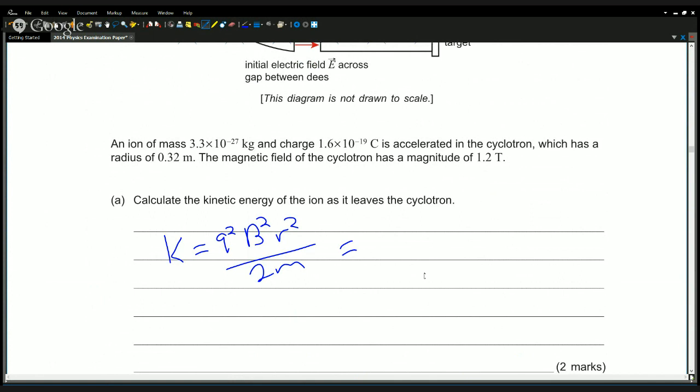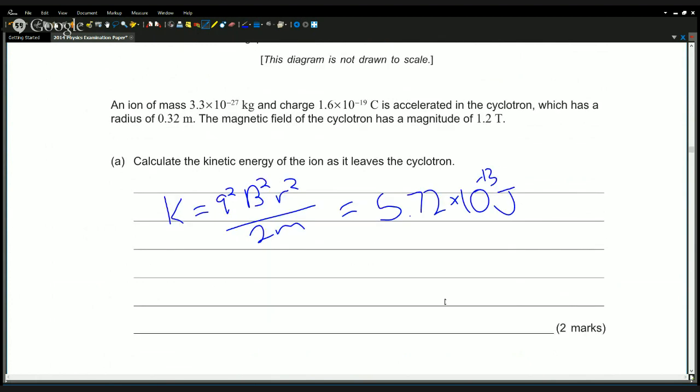So I've got an answer of 5.72 times 10 to the negative 13 joules. It didn't ask us to do it in eV, so I'm going to leave it in joules. That's good enough for me.